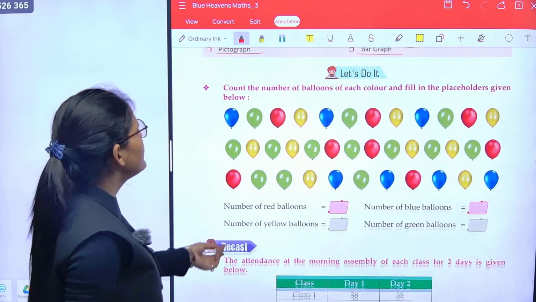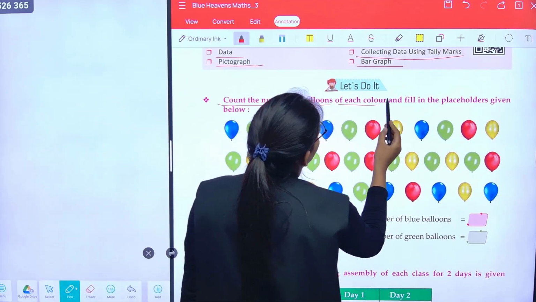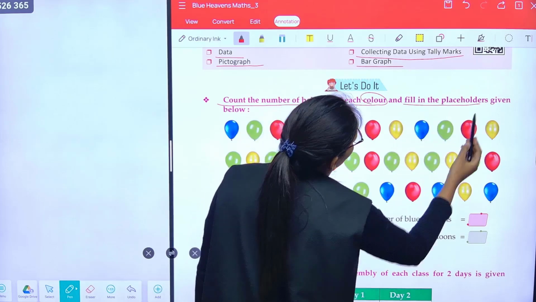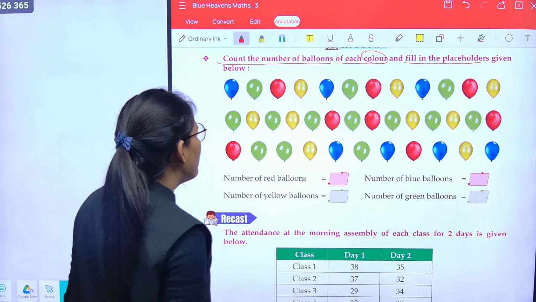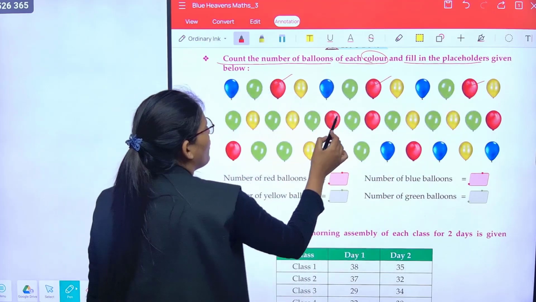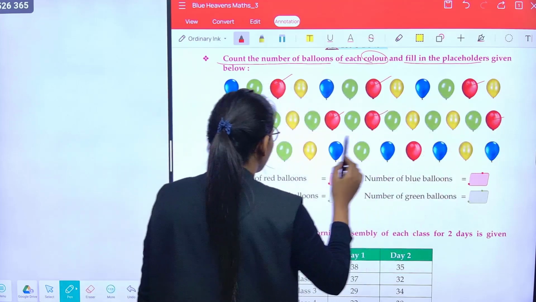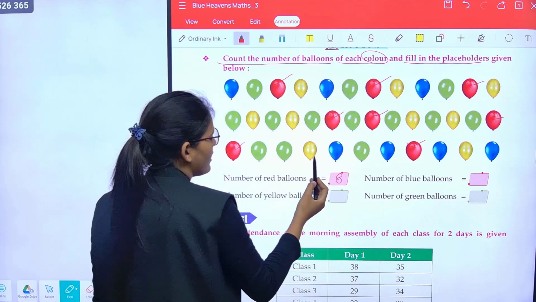Now let's do it. Count the number of balloons of each color and fill in the place given below. Number of red balloons: 1, 2, 3, 4, 5, 6, 7, 8. Count with me and write here.